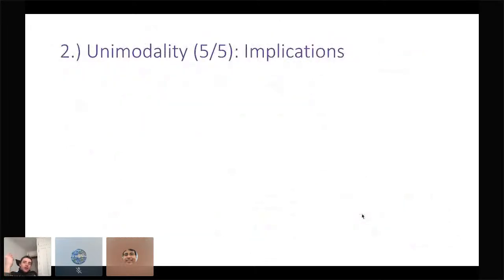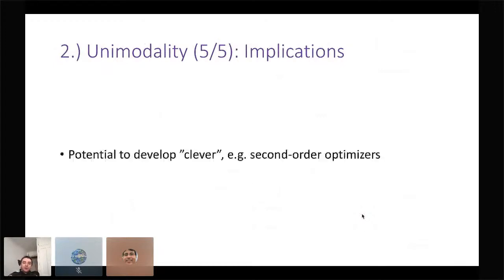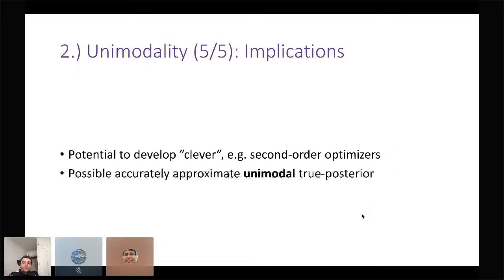Okay, so what then are the implications of unimodality? If we were talking to machine learners 20 years ago, I really wouldn't need this slide, but given the success of neural networks, people have kind of forgotten about why unimodality is desirable. So first, there's the potential to develop clever, potentially second-order optimizers that can exploit this structure.